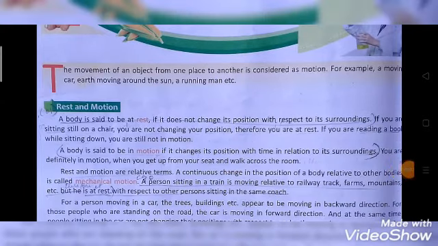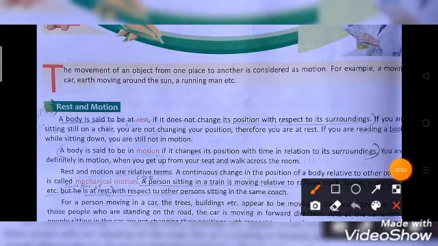Now let's see rest. Just read here. A body is said to be at rest if it does not change its position with respect to its surrounding. So any object is said to be at rest if it does not change its position with respect to its surrounding.